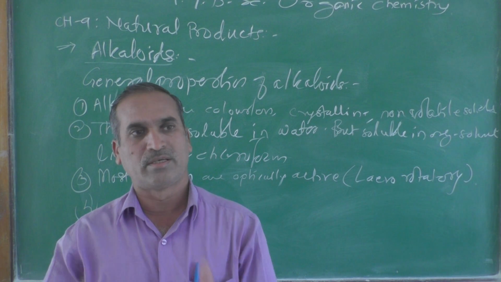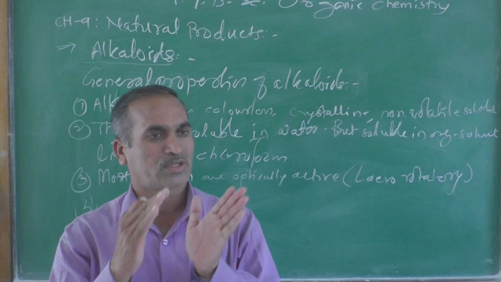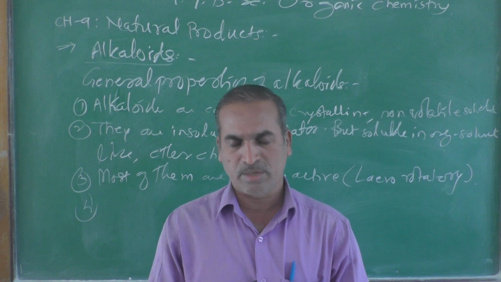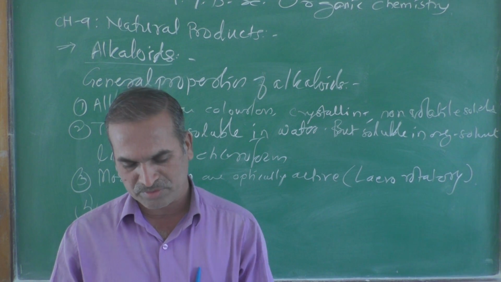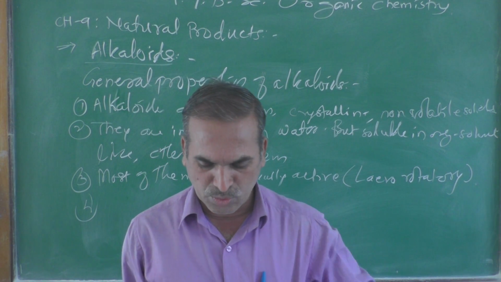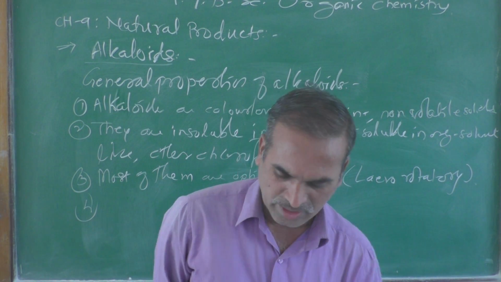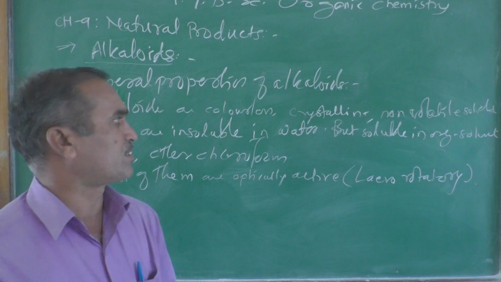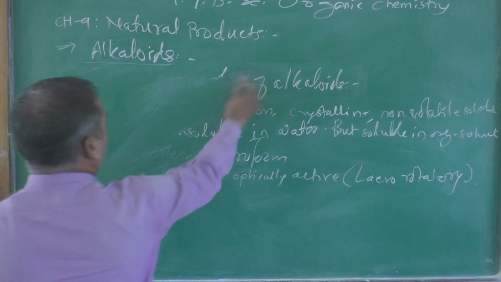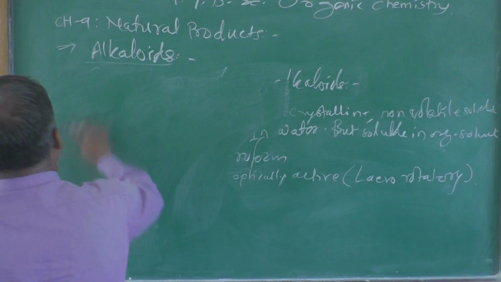So these are the various general properties of the alkaloids we have seen. Now some alkaloids, their sources and uses are given in a table that we are going to learn.